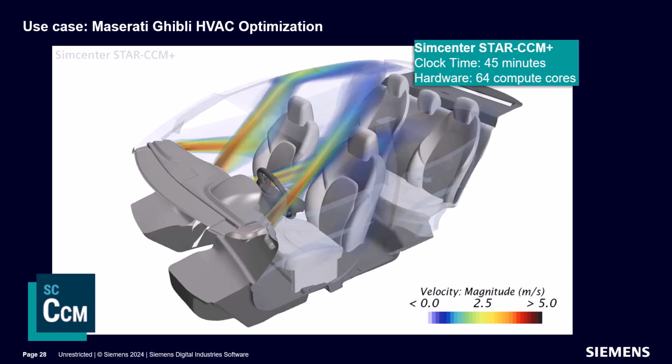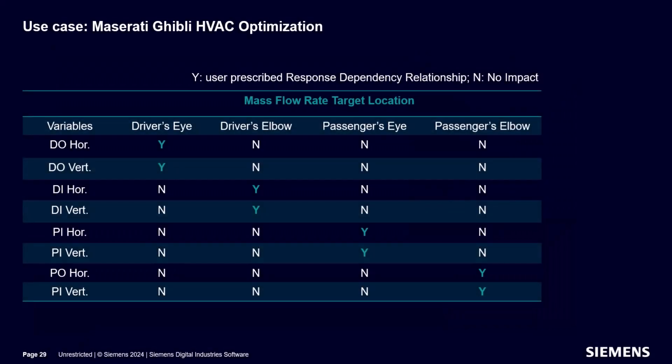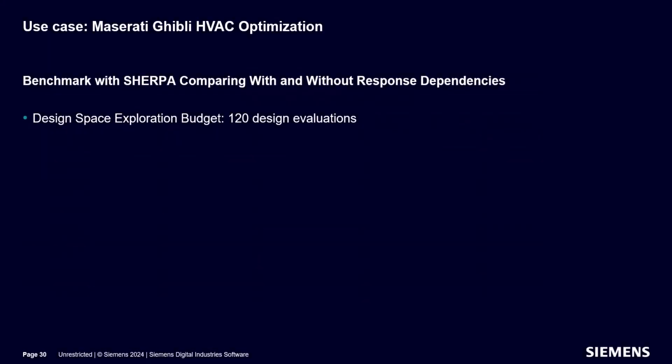As such, as it pertains to design space exploration, efficiency is key here. Given the fact that there are 4 distinct regions/zones for mass flow rate achievement, and each is governed primarily by 2 independent variables respectively, 2 angular variables for each deflector, this is a prime candidate to leverage response dependencies on. The question of course remains, however, what type of efficiency gains can be attained using this feature?